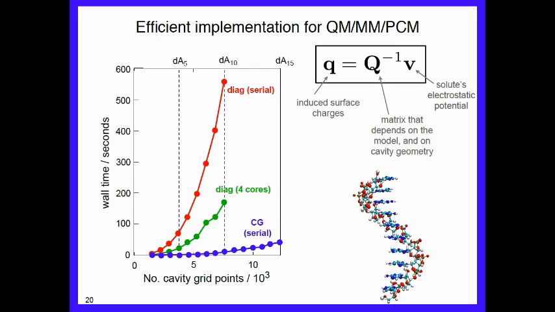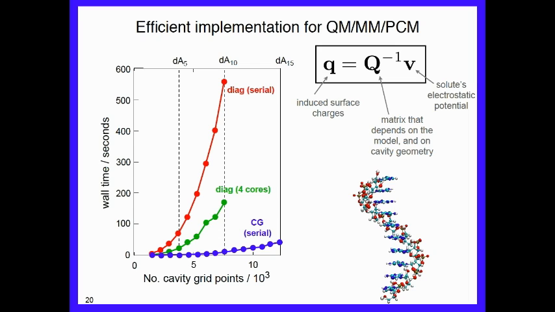So I've shown you the linear equations in the box. Given the solute's electrostatic potential V evaluated at the discretization points, I have to solve some linear equations for a vector of surface charges at those discretization points.